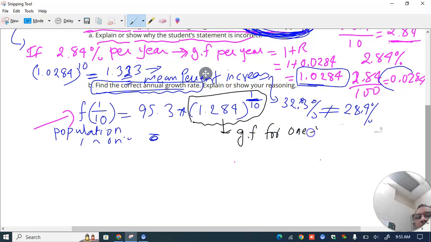1 year is 1 year after 1990. So that means the growth factor here is 1.284 raised to 1/10.